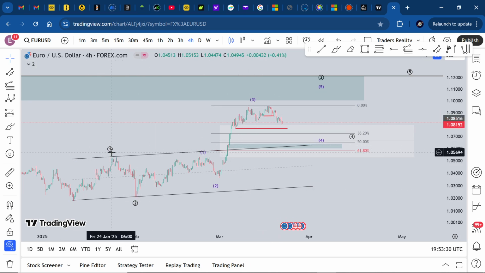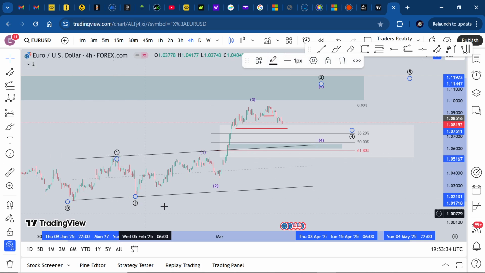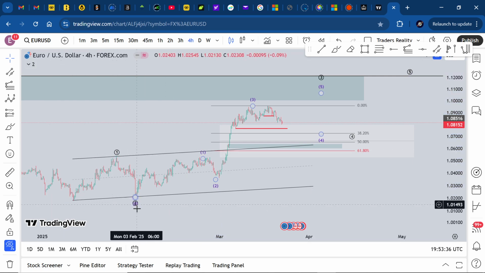So that's 3 is on the way for this black 1, 2, hence why we channeled it from this. This is the main start of the bullish trend. This is internal. Okay, so we had our 1, had our 2, broke out. We know that 3 is on the way.